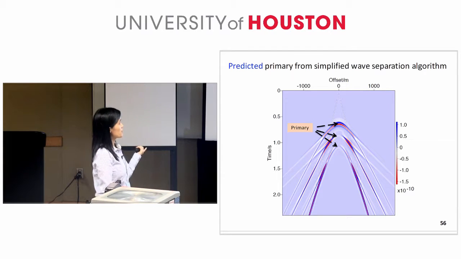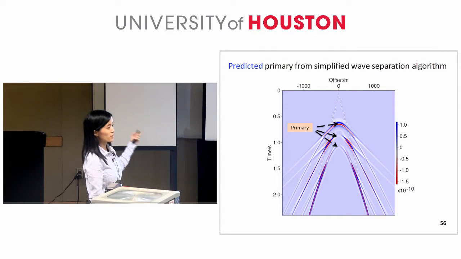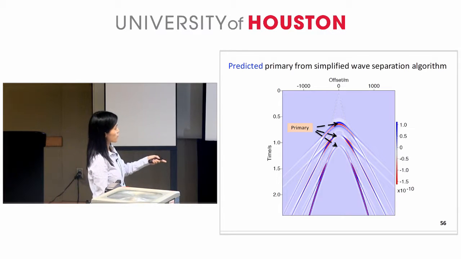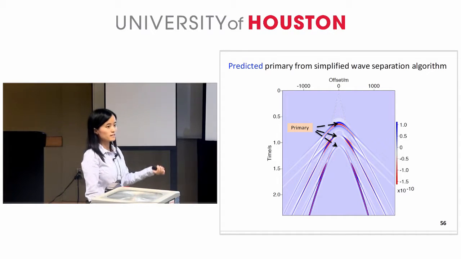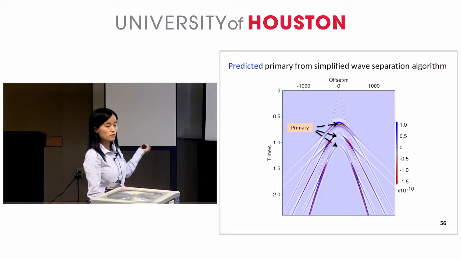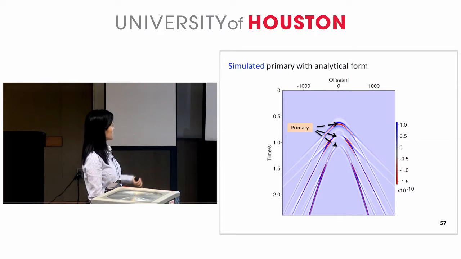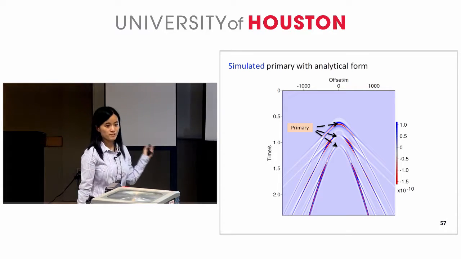Now, to further evaluate the accuracy of this predicted primary, I would like to compare it with the primary generated with its analytical form, given the model is very simple here, as shown in this slide. So each primary can be generated analytically, thereby providing the ground truth result.